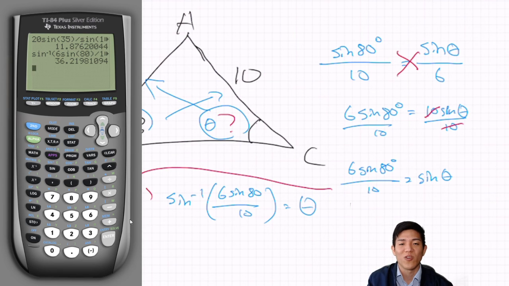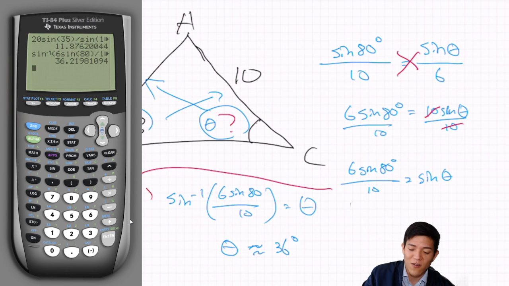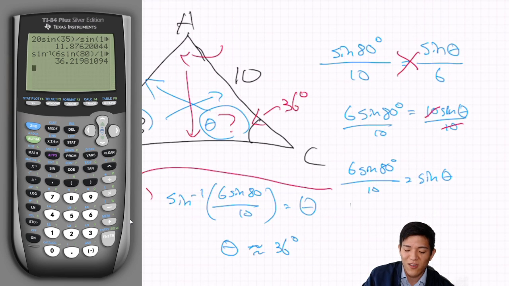That's too much. We round it to the nearest degree. We get theta, the angle in question, is approximately 36 degrees. So our final answer is 36 degrees. And if you know that, we could also find this angle, and then using that, we could also find this length right here, all with law of sine.